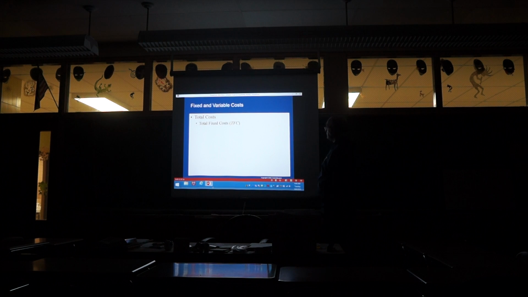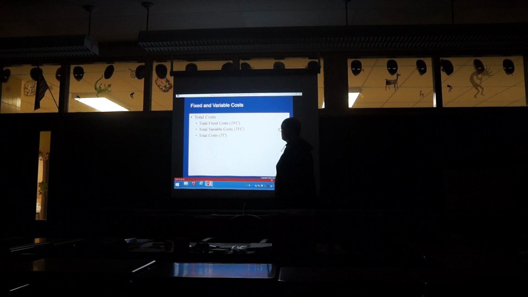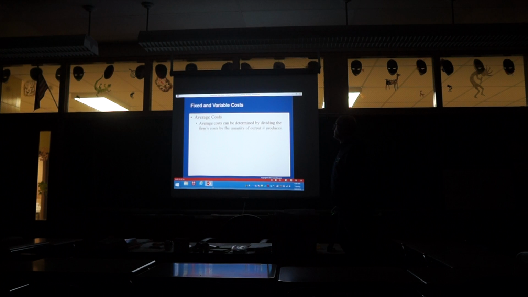Total costs are fixed costs plus variable costs. Average cost can be determined by dividing the firm's cost by the quantity of output it produces. So the average cost is the cost of each typical unit of the product.